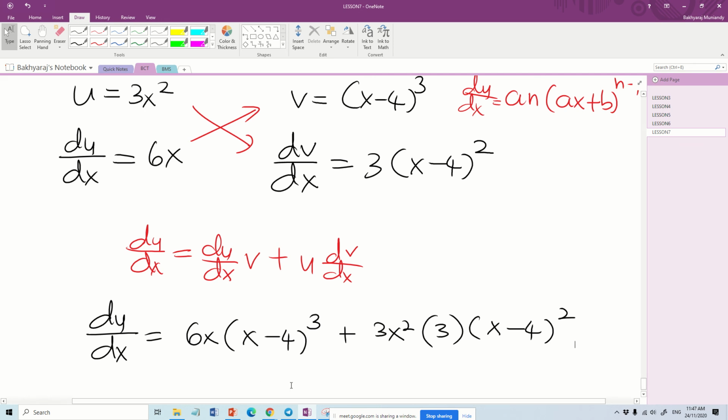Maksudnya macam mana tu? Lagi sekali, sorry. Maksudnya saya keluarkan, bila saya buka yang bracket besar kan, yang saya tahu. Okay. Saya buat 6x power of 2, 6x minus 24x, okay, plus 9x power of 2 lepas tu plus 1.